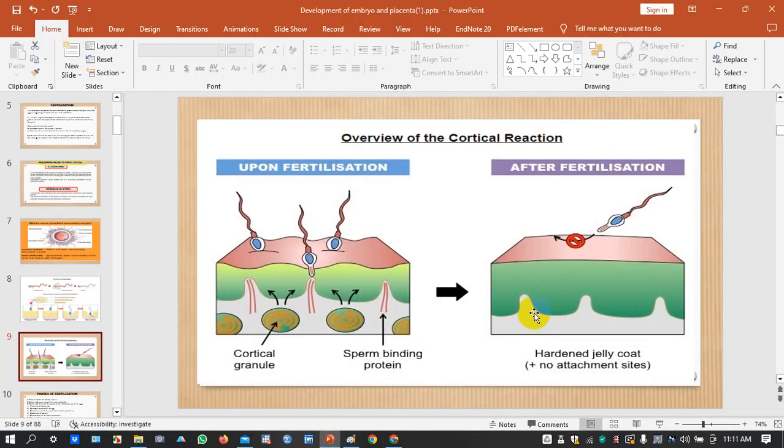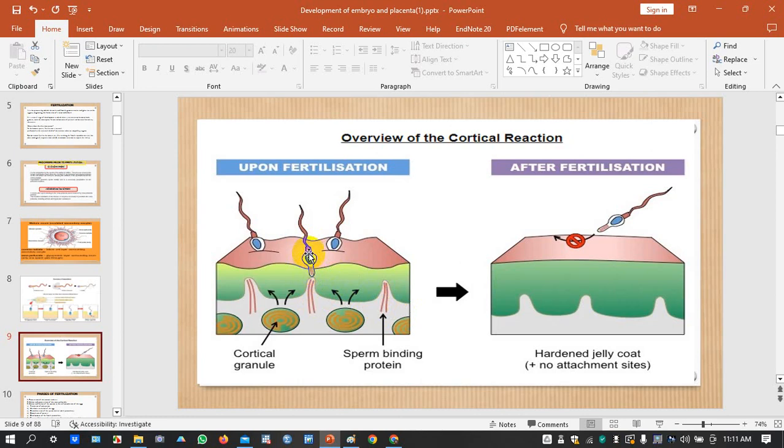So this is what we do. Yes, so the sperm will enter. This is the cortical granule. It's found inside the ovum or the egg cell. Then there is a sperm binding protein. There is a protein in the zona pellucida where the sperm binds. So the sperm will use its head, the acrosome there, to bind to the zona pellucida, and the zona pellucida has a sperm binding protein.